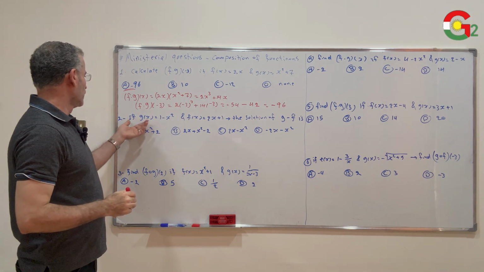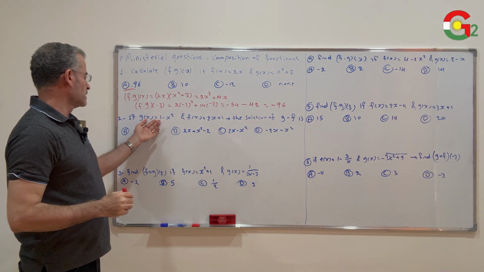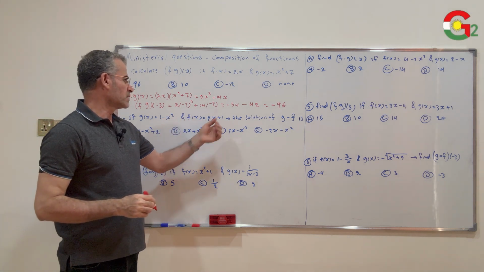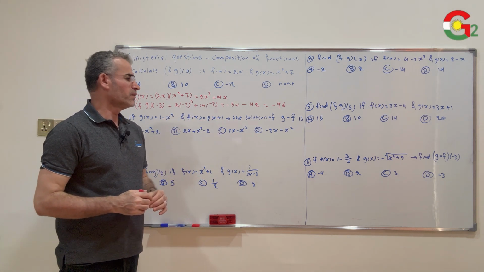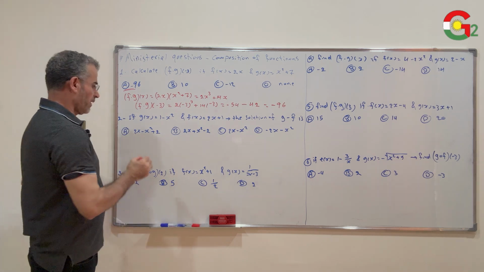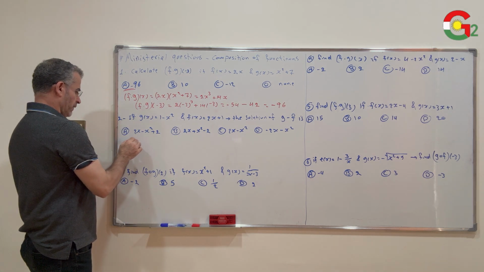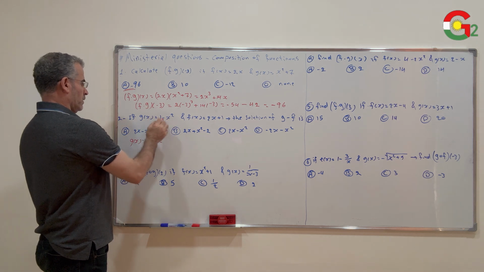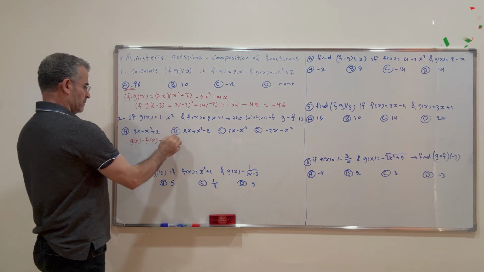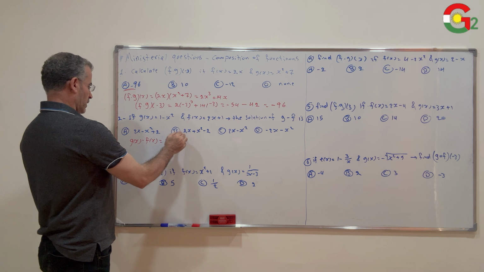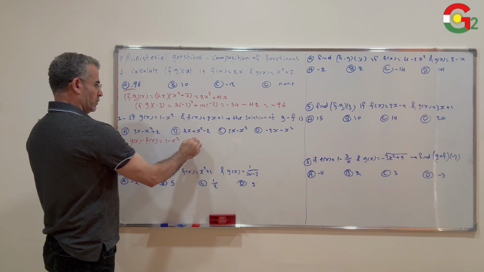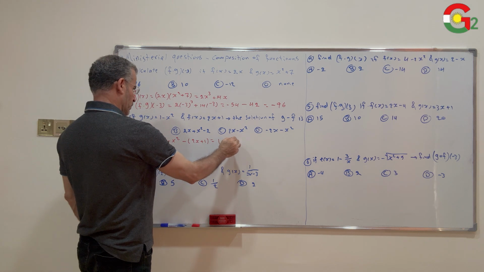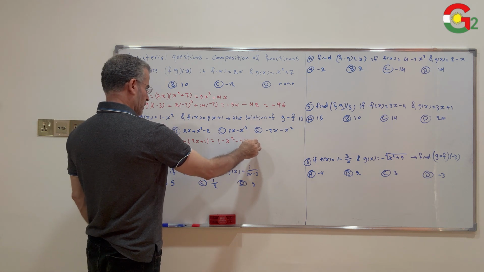Question number 2. If g of x is 1 minus x power 2 and f of x equals 2x plus 1, then find g minus f. G of x minus f of x equals 1 minus x power 2 minus 2x plus 1, equal to 1 minus x power 2 minus 2x minus 1.